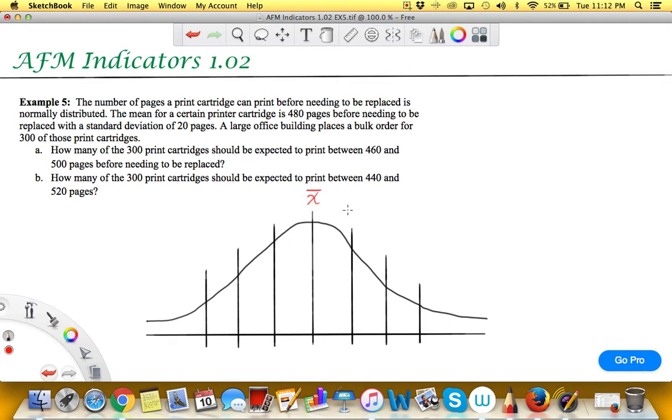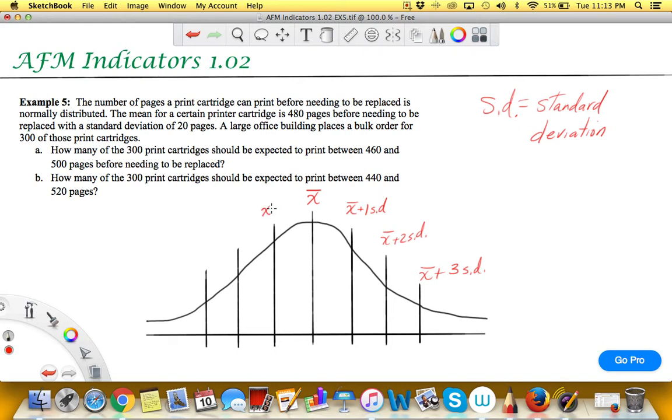Then we have the mean plus one standard deviation. We're going to say SD equals standard deviation. Then we have X bar plus 2 standard deviations, and X bar plus 3 standard deviations.